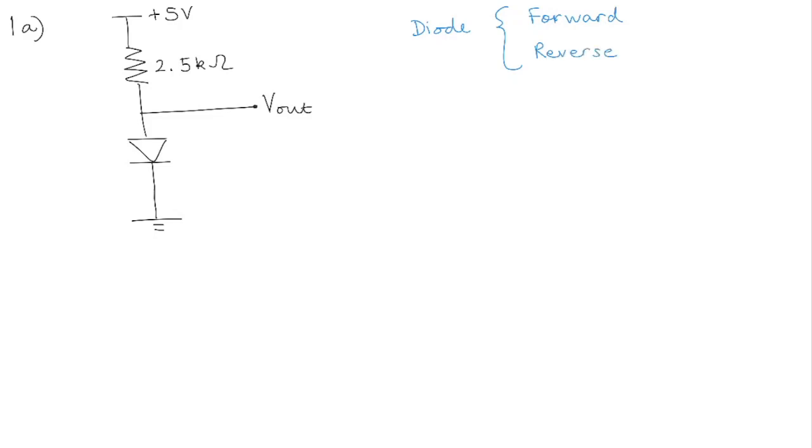And what we are saying is, okay, let's make an assumption in this case. Let's assume that you don't know what state the diode is in, and you say, okay, I don't know. So let's make an assumption. So let's say, assume that the diode is in forward bias.